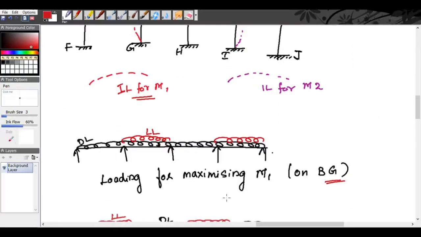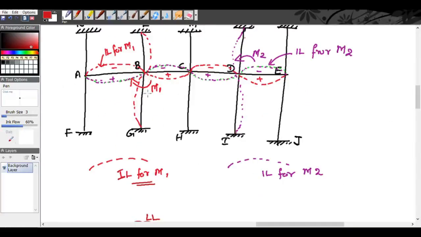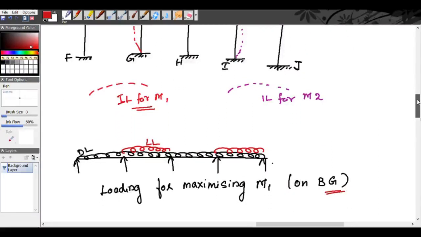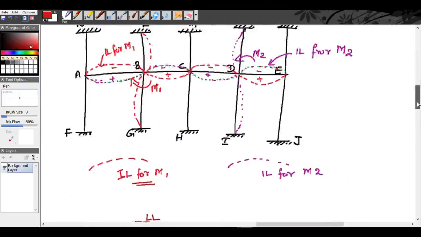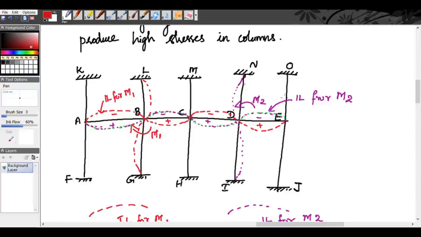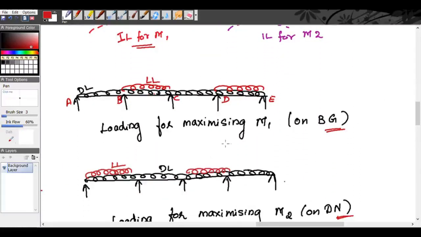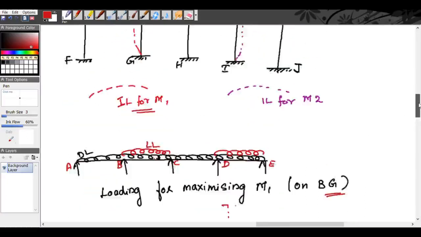The loading condition for maximizing M1, that is at B for the column BG, with A, B, C, D, E, is that we will have the live load in BC and the alternate span D. For DN, it will be almost like this, with an anti-clockwise moment here.